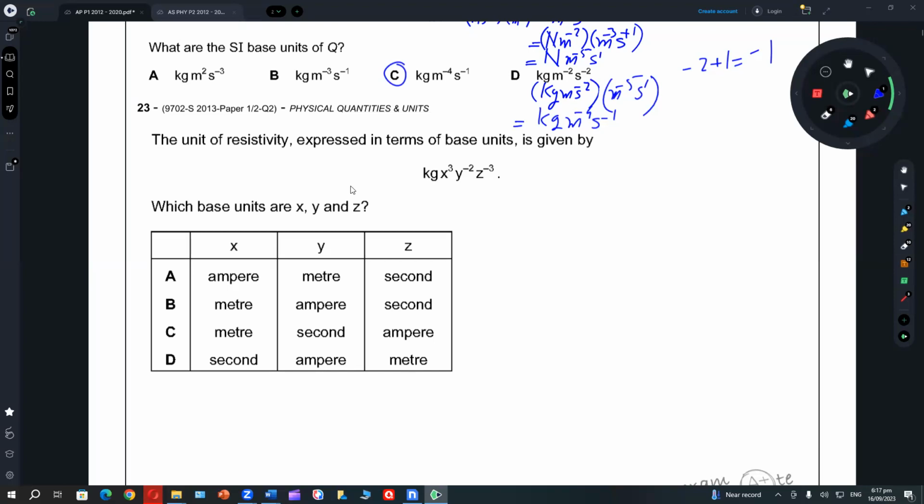We are now on question number 23. The unit of resistivity expressed in terms of base unit is given by this. This is the formula for resistance.